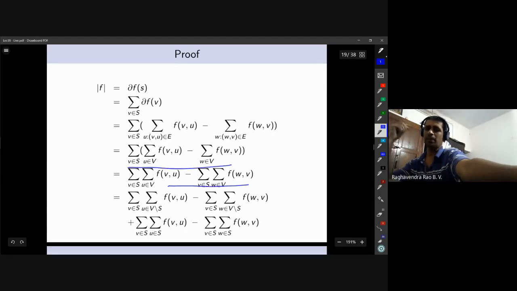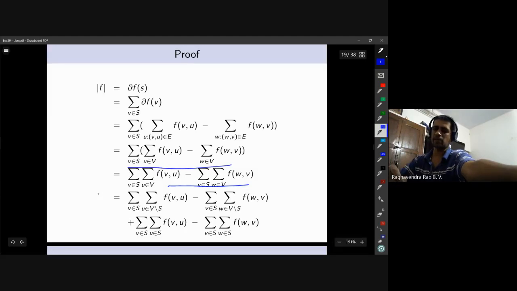Now I split this into two, with vertices that are in S and those that are not in S. Split the summation again. The first part is v in S, summation u in V minus S. Similarly, v in S, w in V minus S. And then take the remaining, that is v in S, u in S, and v in S, w in S. That's all I did.